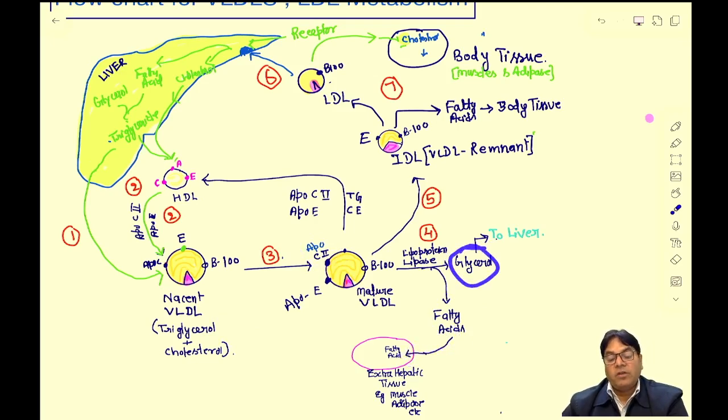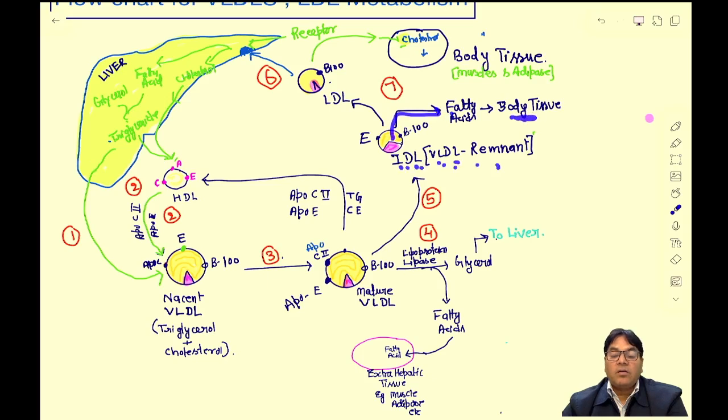The glycerol formed here goes to the liver, and becomes a part of different cycles like the glycolytic cycle. Now, when the triglycerides and cholesterol of this VLDL are digested by the enzyme, this VLDL becomes small in size. Now it is called IDL or VLDL remnant.